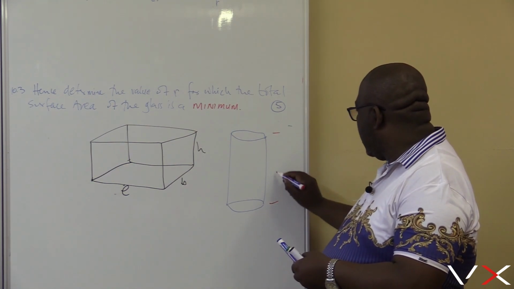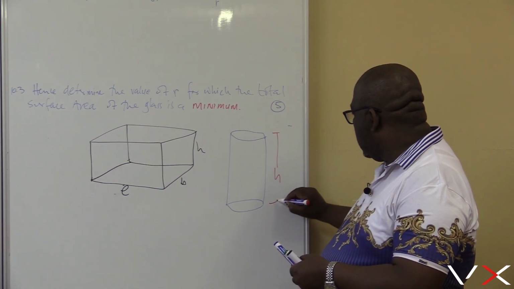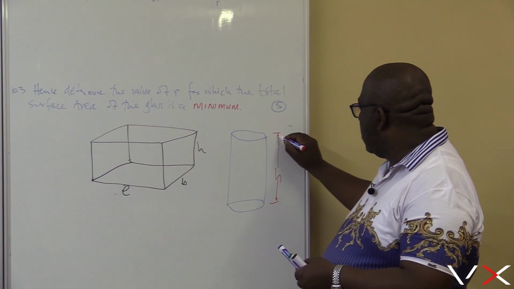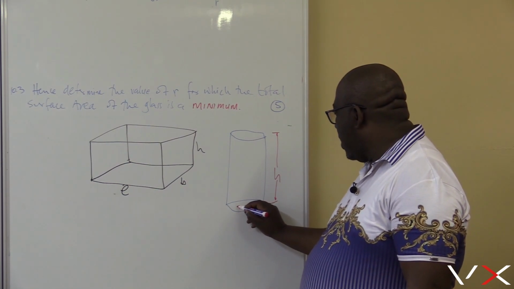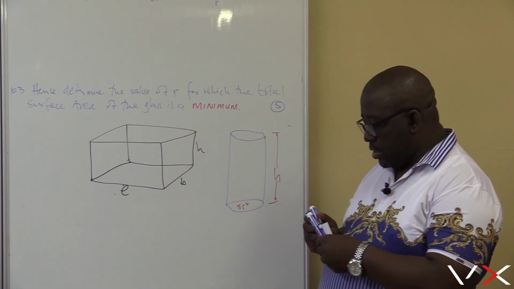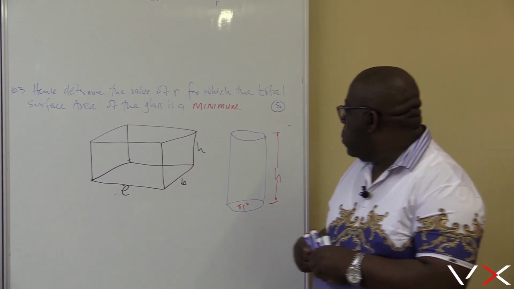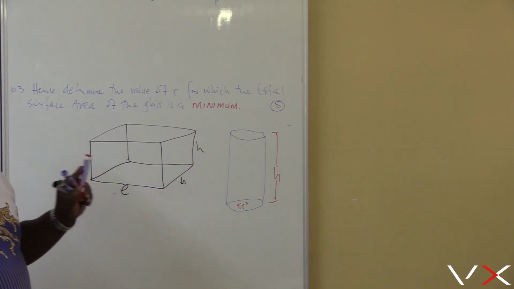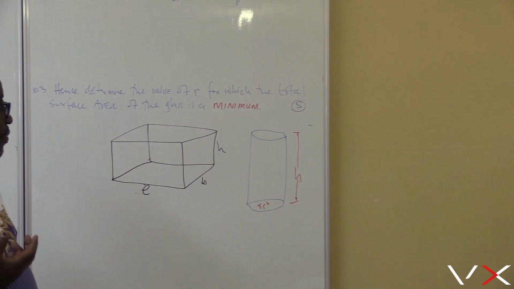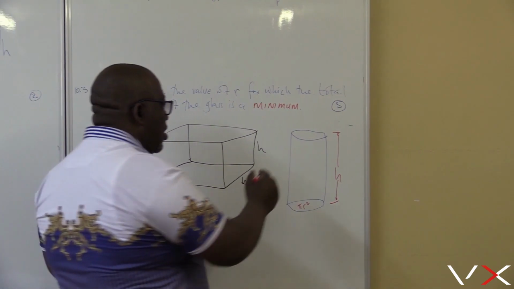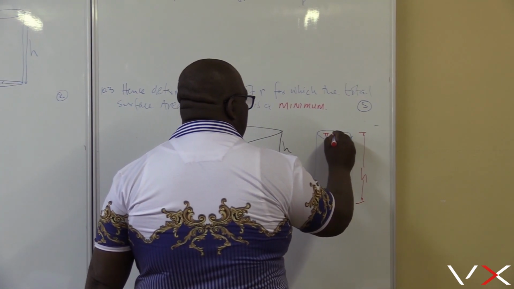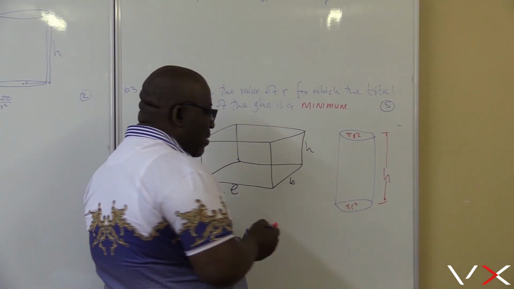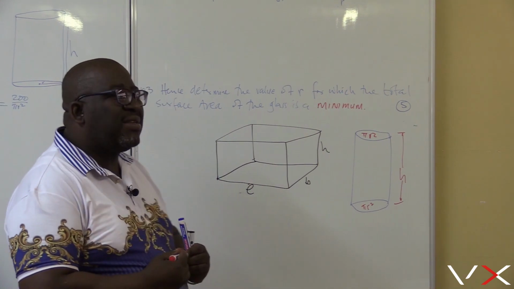This will be the height of the drinking glass. This will be our height. We said our area is pi r squared. Right, that's what we know. How can I calculate the total surface area of that tin of fish? Remember this one also is pi r squared. This is exactly the same as this one. And how can I find the surface of this?